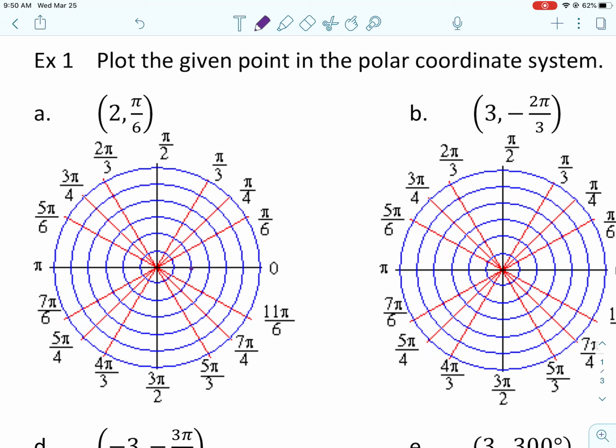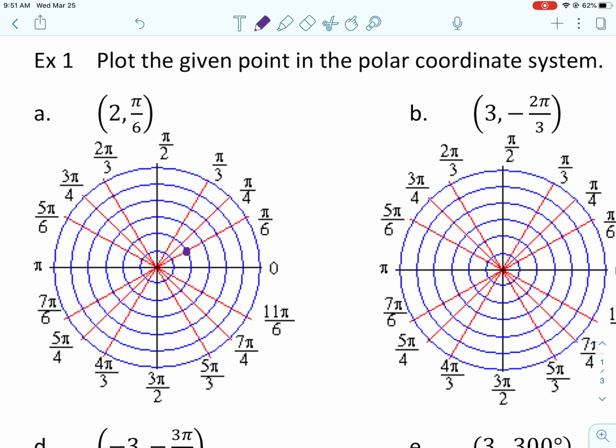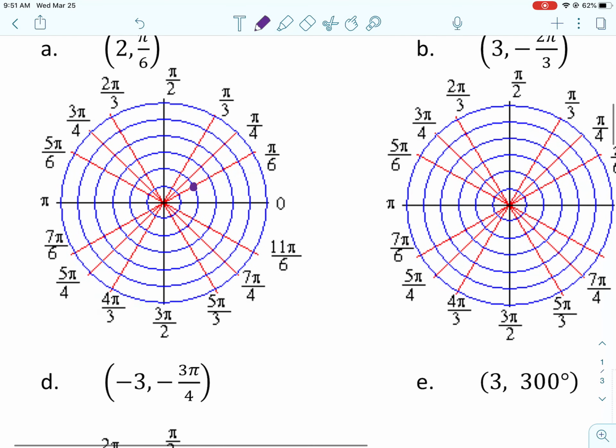So 2 tells you how many circles to move out, and pi over 6 tells you how far to rotate. So we would move 2 circles out, which would be this one right here, and then we would rotate to the angle pi over 6, which is this one. So the only point you have to put is this last one.